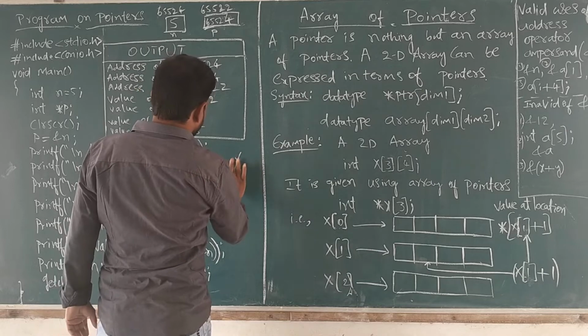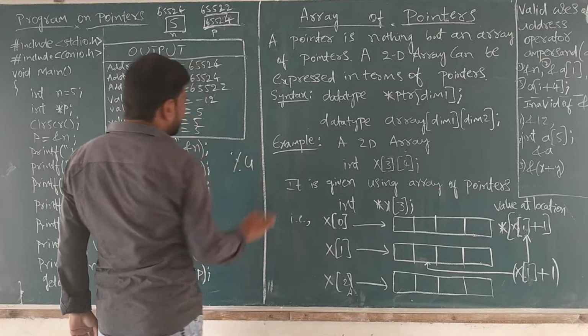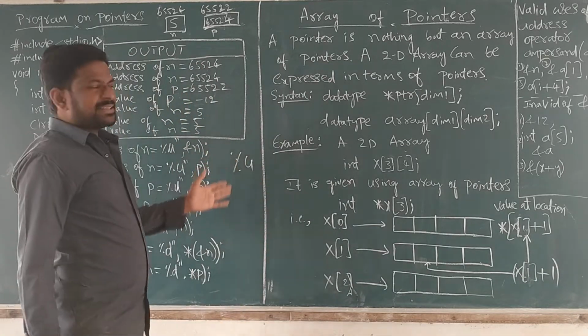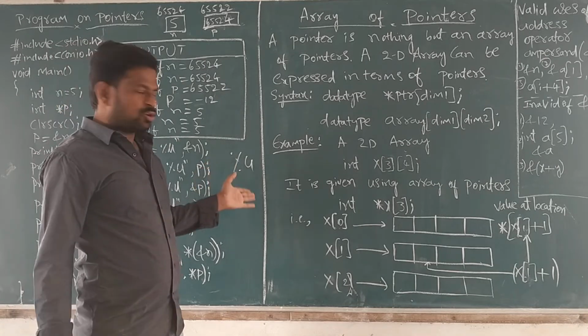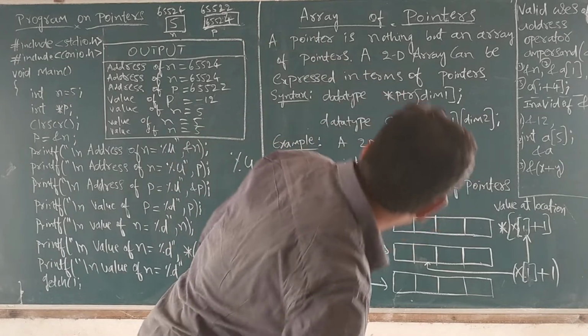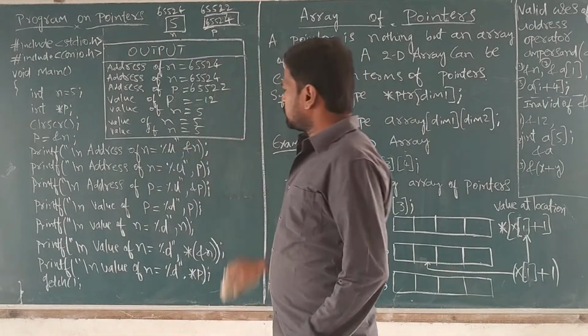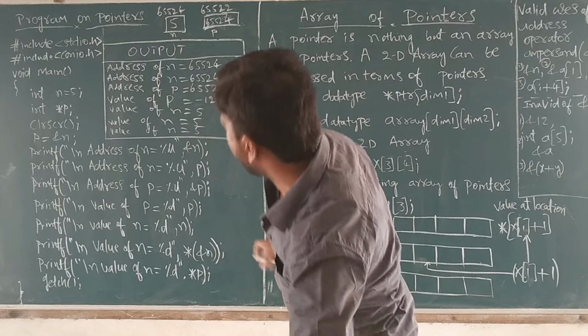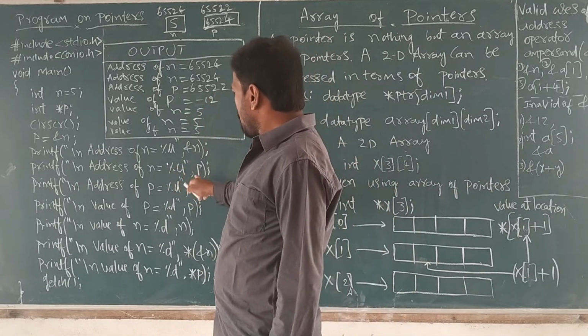As we give percent d for integer data type and percent f for float, in a similar way when we are printing an address, we need to give percent u.